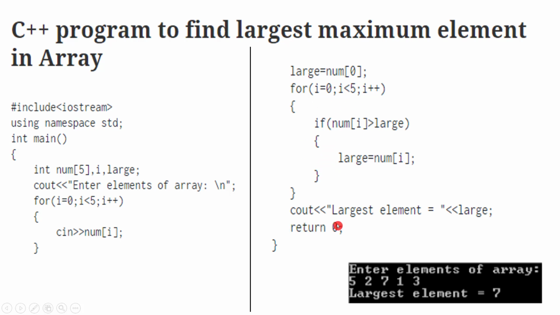Then cout "largest element equal to", large. As it is in double inverted commas, this will be displayed as such, and the large value from this for loop will be displayed here. Hope it's clear for you.